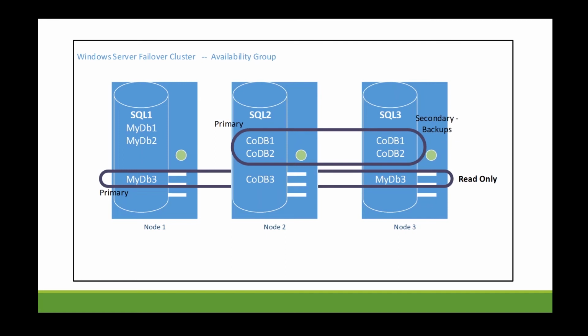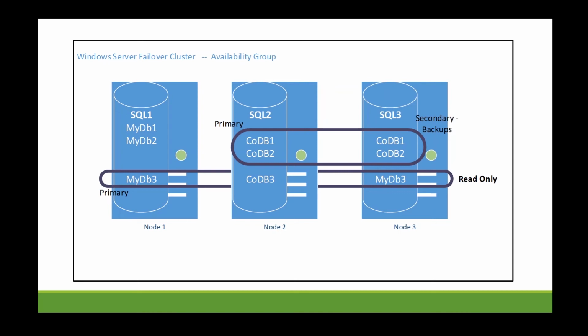Going back to what we had before with our availability group cluster, we have our availability groups set up on node 1, that primary with my DB3. I could have the listener route read-only traffic to my DB3. And then on node 2, with my availability group that includes the two databases, CODB1 and DB2, I can have that configured to back those up on SQL 3, on node 3.